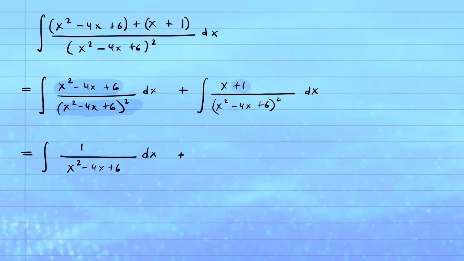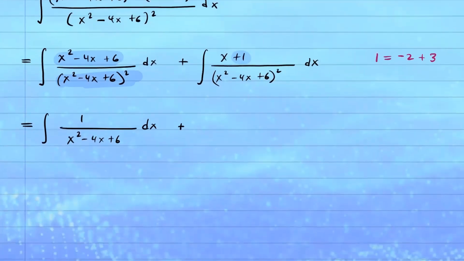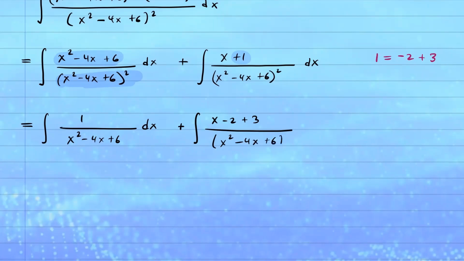So think of it this way: 1 can be written as negative 2 plus 3. And you'll see why I'm doing that a little bit later when we do the integration. So I'm going to rewrite that integral one more time. So I've got x minus 2 plus 3, because that's really x plus 1. And the denominator, I've got x squared minus 4x plus 6, all squared dx.